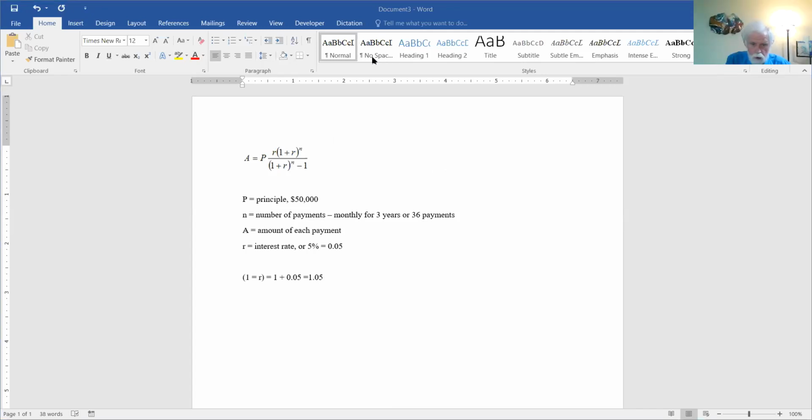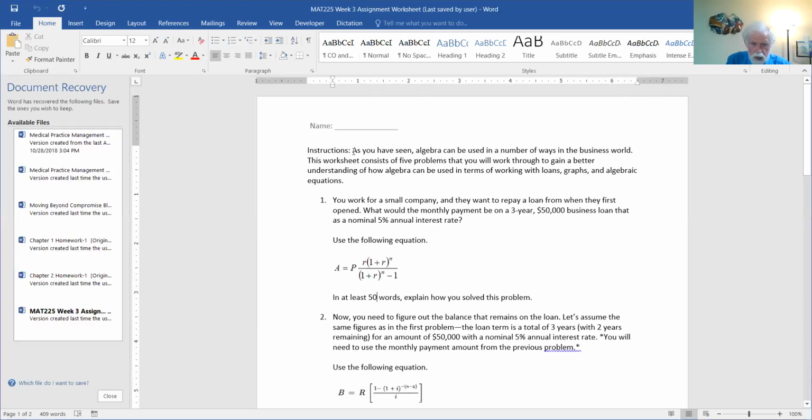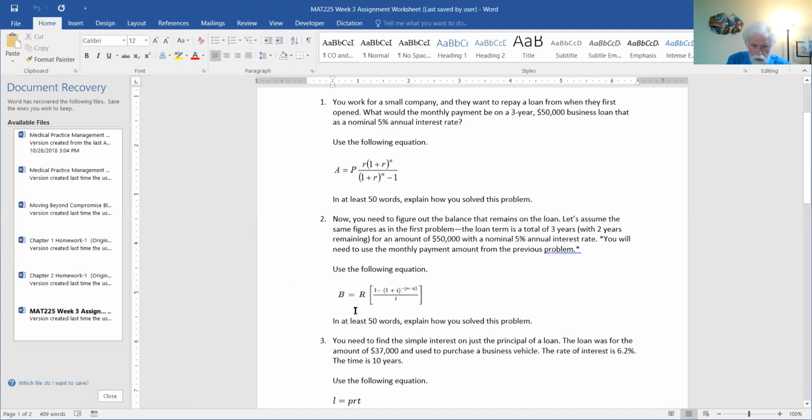Now, if we go back to the worksheet, the next problem down looks confusing, but remember, this R is really what you calculated up here as A. Just remember that R in number 2 is A in number 1.